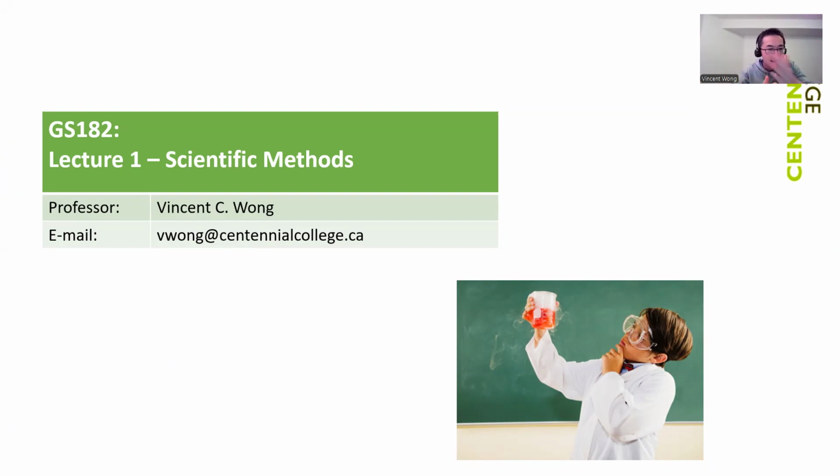So today we're going to be doing lecture 1, and in the first line of every lecture you will find my email, and again that is the best way to contact me. Lecture 1 talks about the scientific method, and this is particularly important when you're doing your first lab.